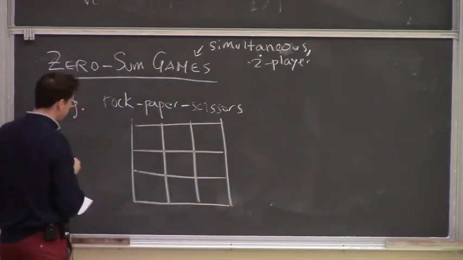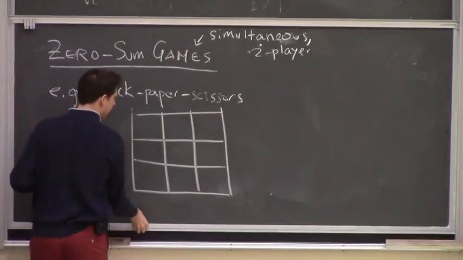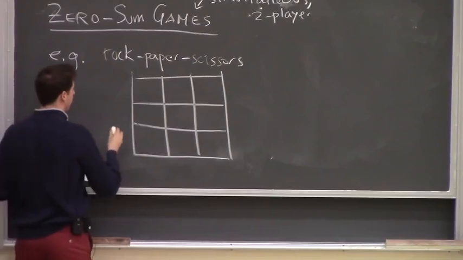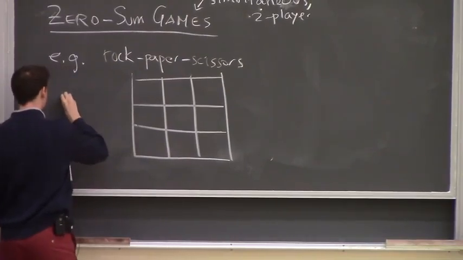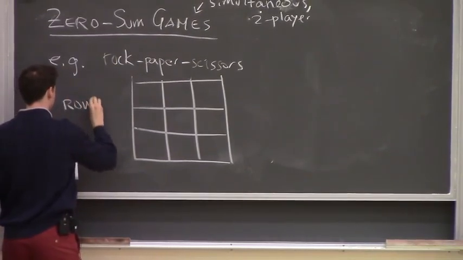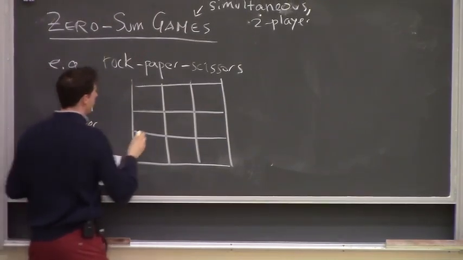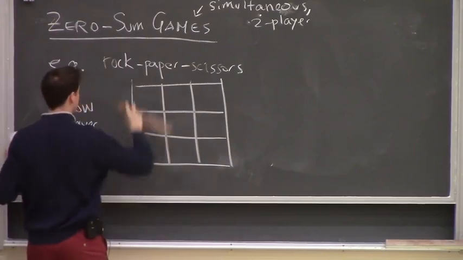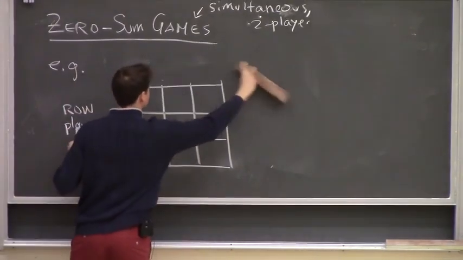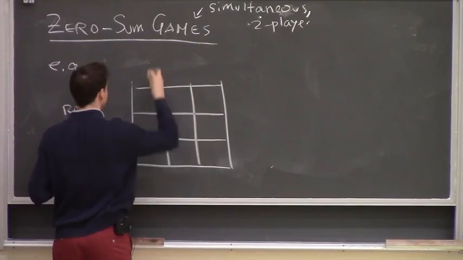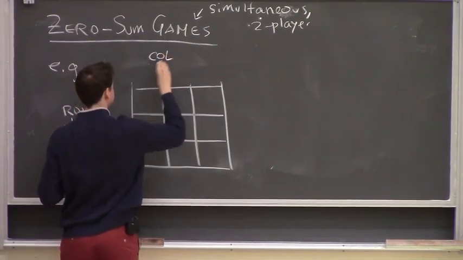All right, let's give names to these things. This is going to be the perspective of the row player, and this is going to be the column player.